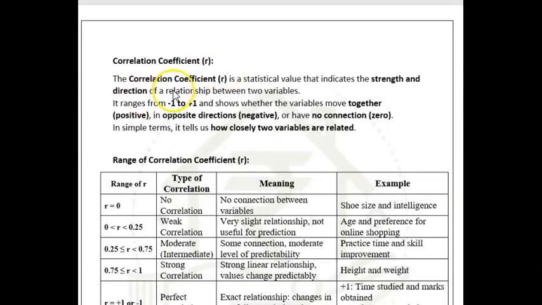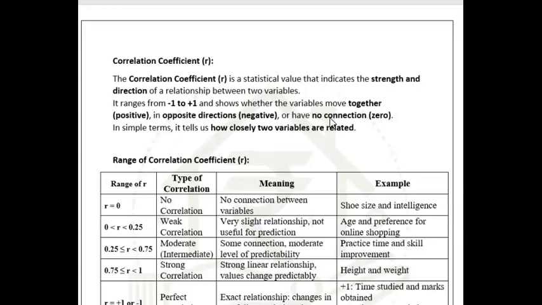The correlation coefficient is a statistical value that indicates the strength and direction of the relationship between two variables. It ranges from -1 to +1 and shows whether the variables move together, move in opposite directions, or have no correlation.